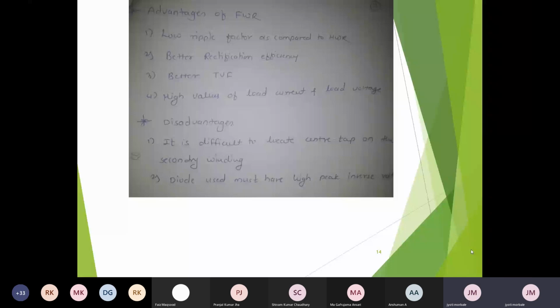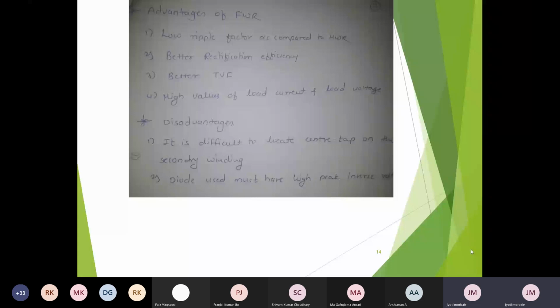Then in full wave rectifier, we get higher amount of DC present, lower amount of AC present. So whatever signal we expect at the output across load resistor contains more amount of DC. These advantages you can add here in full wave rectifier with the reference of the textbooks.